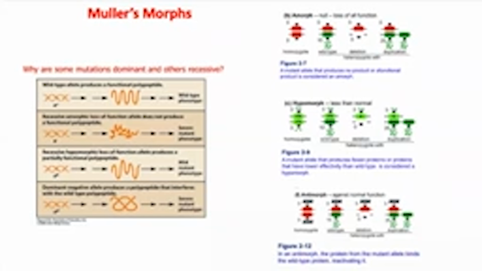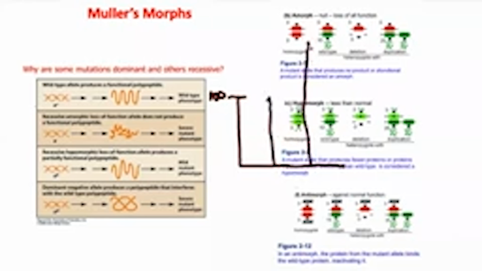So could you please distinguish between antimorph and hypermorph? So this is what we call the so-called normal activity. A wild type is this, a hypermorph is this, fine? And an antimorph is when you have protein being produced by one allele, let's call this allele X, and your other allele, X prime, is blocking the activity of this protein.